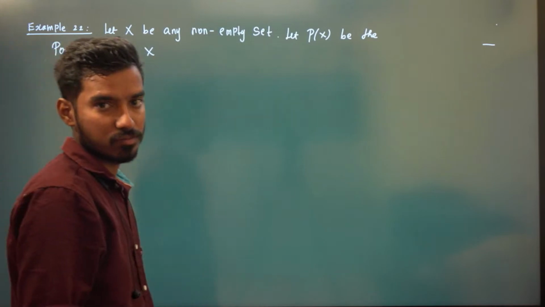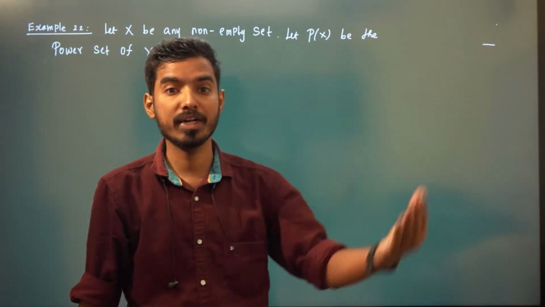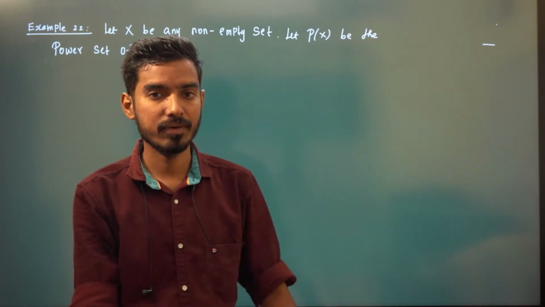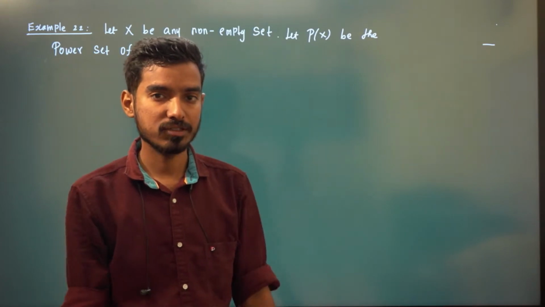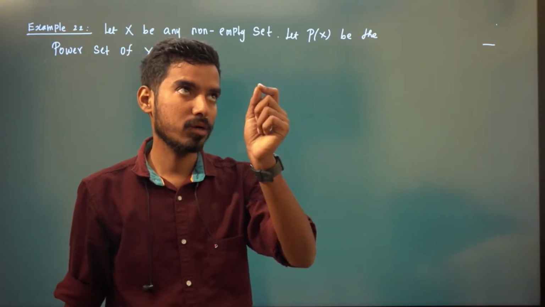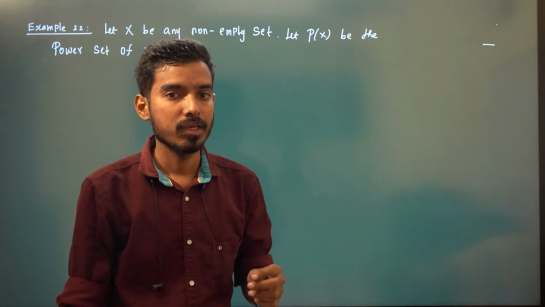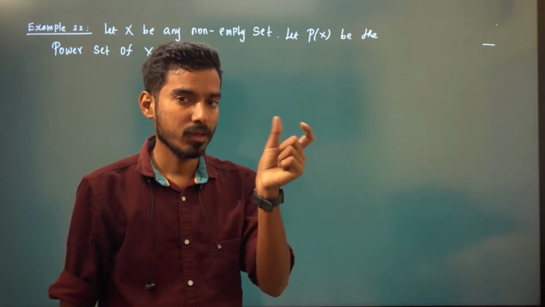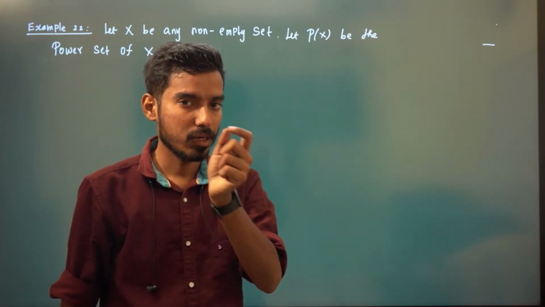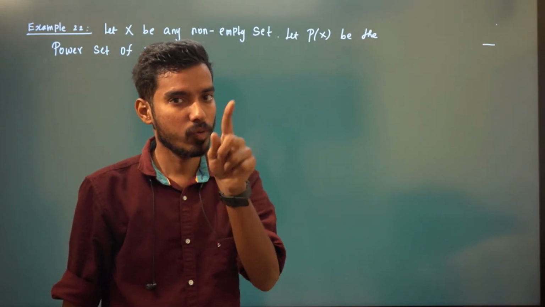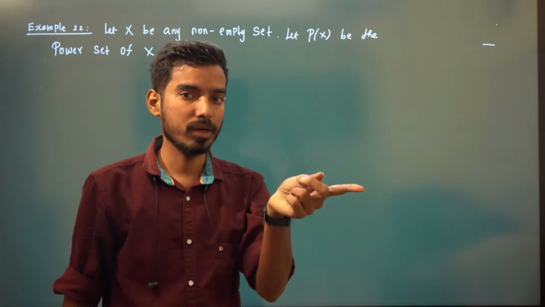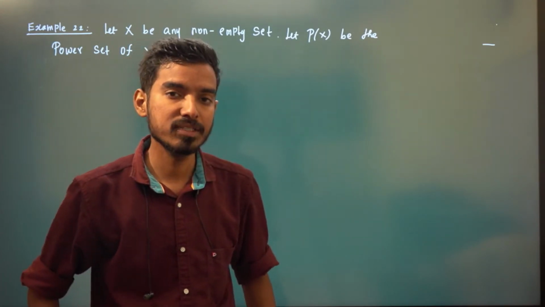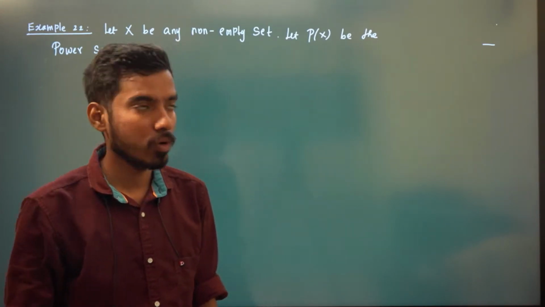Set of all subsets. So if you have n elements, you can form 2 power n subsets. 9th standard, 10th standard level, right? Set of all subsets, empty set, and then one. For example, if you have a set with 3 elements, 1, 2, 3, what are the subsets? Empty set, full set, 1 alone, 2 alone, 3 alone, {1,2}, {2,3}, {3,1}. So you will have 8 elements. So if you have n elements, you can form 2 power n subsets, that you already know.